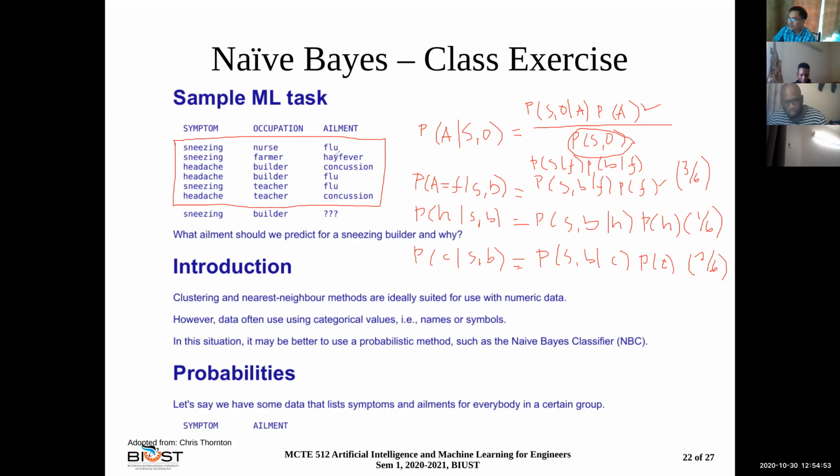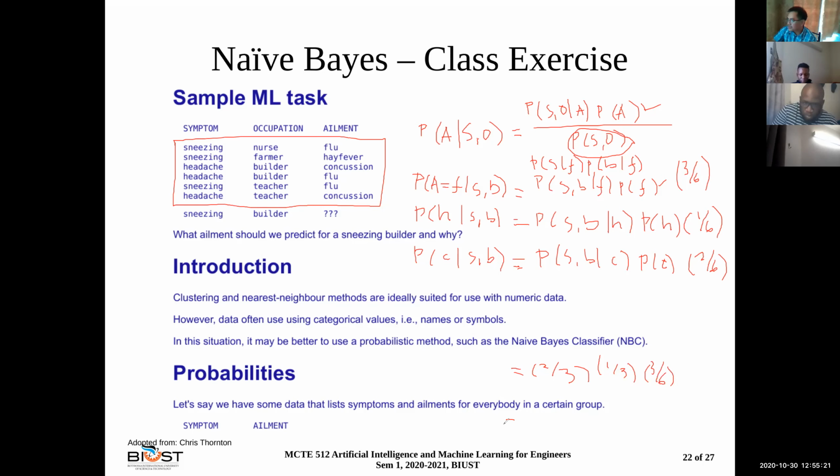Flu and sneezing: there are three, so sneezing is 2 out of 3. Then flu and builder: builder is 1 out of 3. And here that's 3/6.